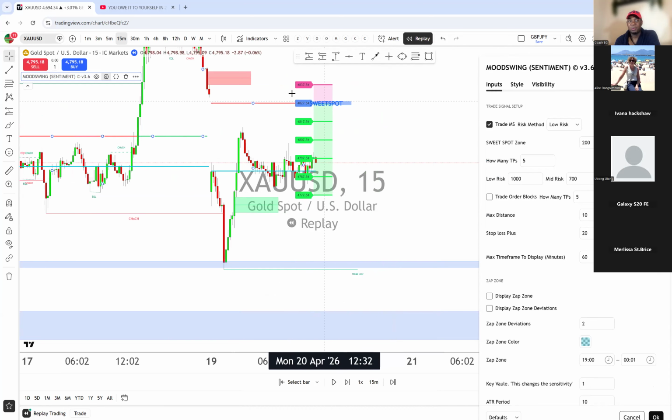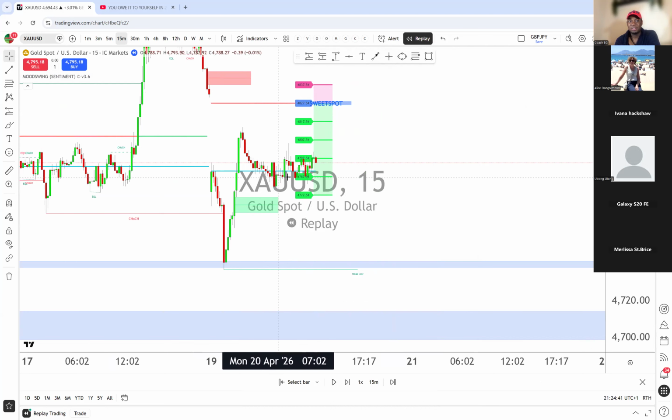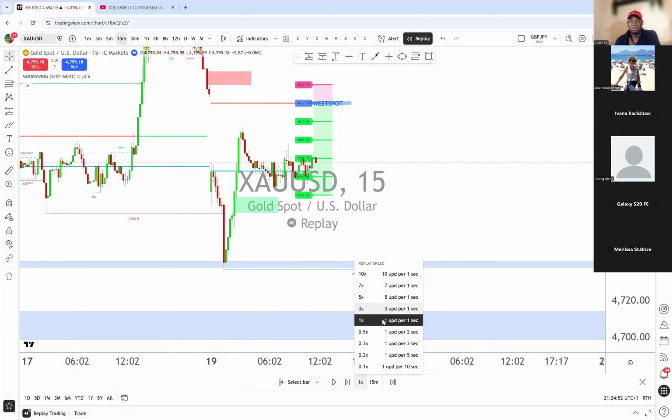So right here, we would have had a trade setup waiting for price to pull back into that area. And this trade setup would have been just there waiting for us, okay? So let's play this out and see what happens.